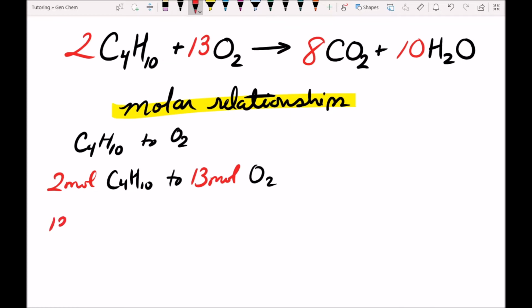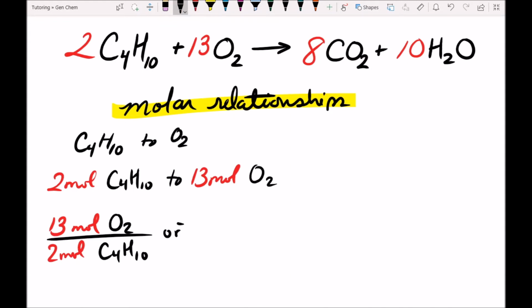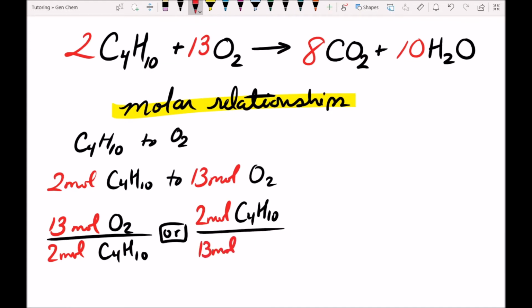So we can say we have 13 moles of oxygen over 2 moles of butane. Or equivalently, we could say that we have 2 moles of C4H10 to 13 moles of oxygen.